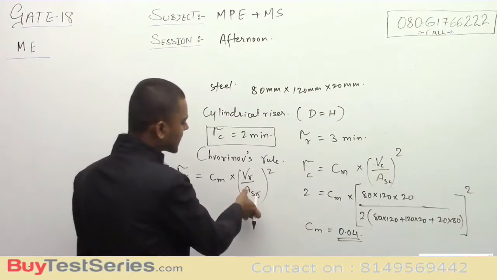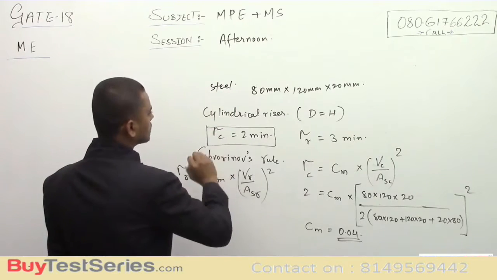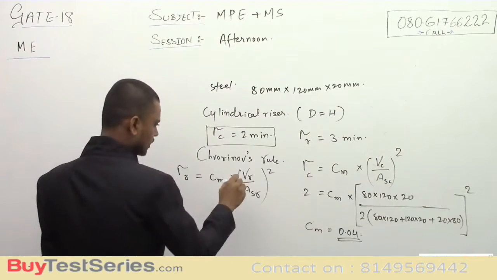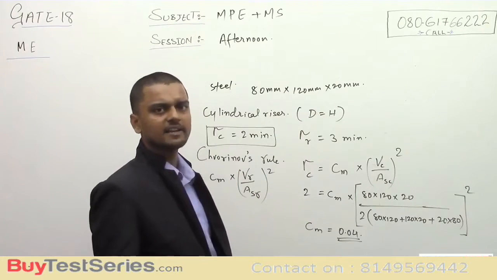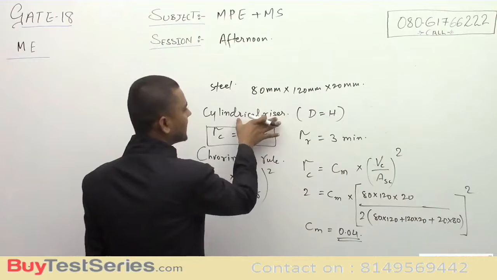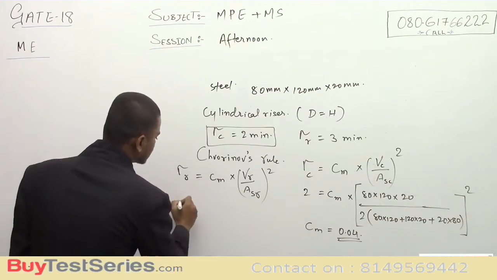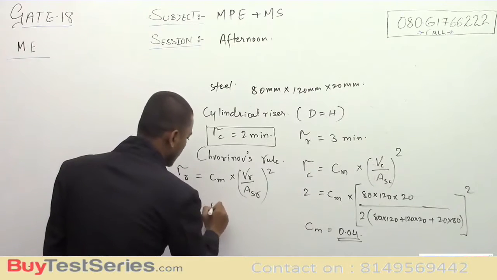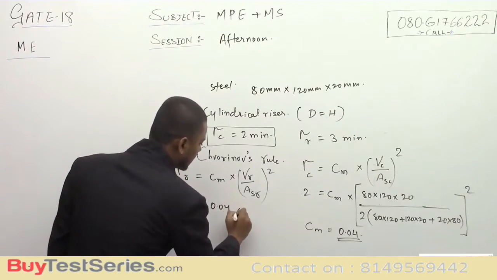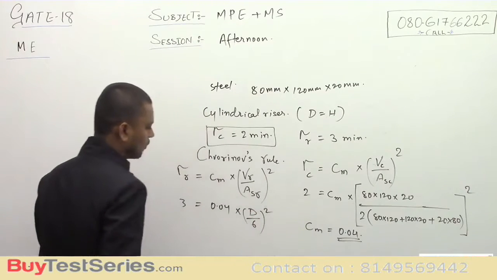This V upon AS, we also know, is called the modulus. For a cylindrical riser, if you find out the volume upon the surface area, you will get d by 6 for that side cylindrical riser. So the solidification time for the riser, 3 minutes, is equal to the mold constant we got, 0.04, into d upon 6 to the power 2.